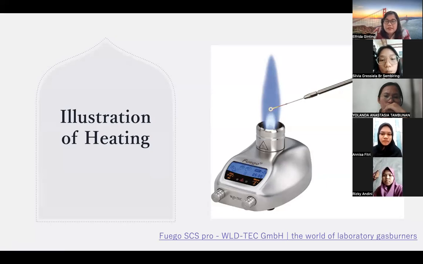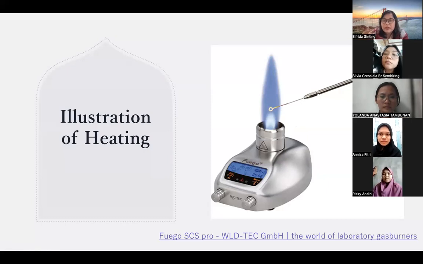And of course, since this is a test, you can observe many things. First, you can observe whether the flame changes color. Okay, the first one. The second one, you can observe whether a gas is produced, right? By gas produced, meaning that when you do this test, maybe you can smell a different kind of odor.